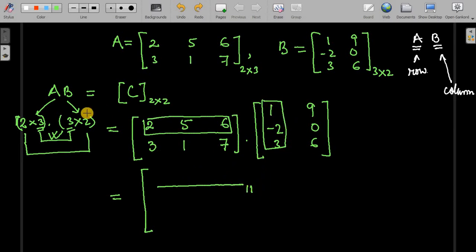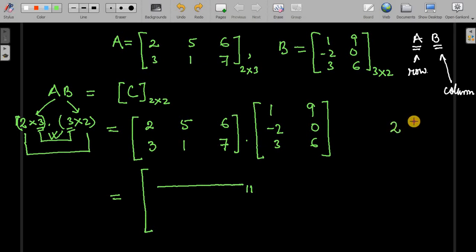The row needs to be selected from the first matrix and the column needs to be selected from the second matrix. Let us write this first row and first column separately in order to see how we are going to multiply the elements and then add them.